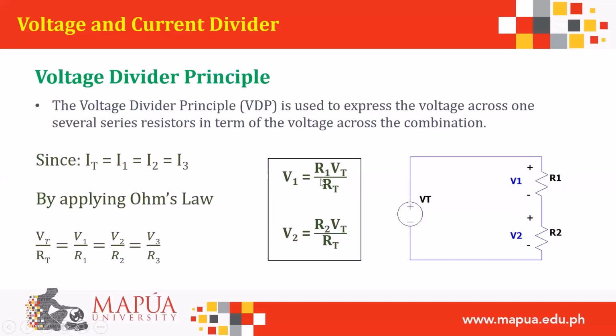If you're measuring voltage across R1, then R1 is the numerator over the total resistance, R1 plus R2, times the total voltage. When looking for the voltage across R2, you just get the ratio R sub 2 over the sum of the two resistors times total voltage.